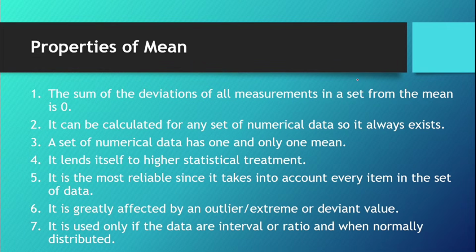For example, 1, 2, 3, 4, 5, 6, 7, 8, 9, 10, and there is 100 here, so the extreme value is 100. Number 7, it's used only if the data are interval or ratio level and when normally distributed. So take note of these measurements.